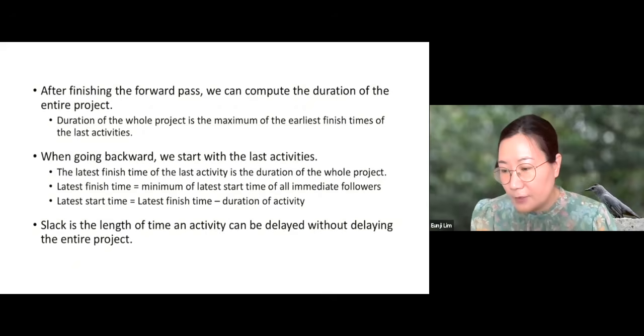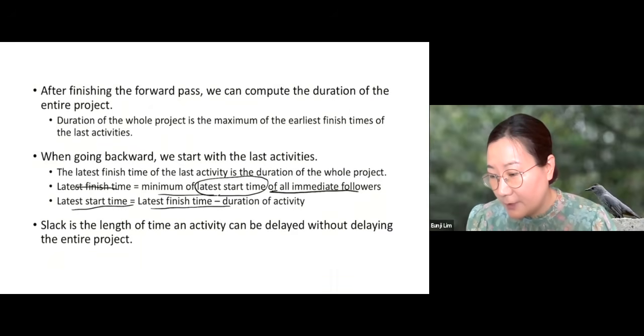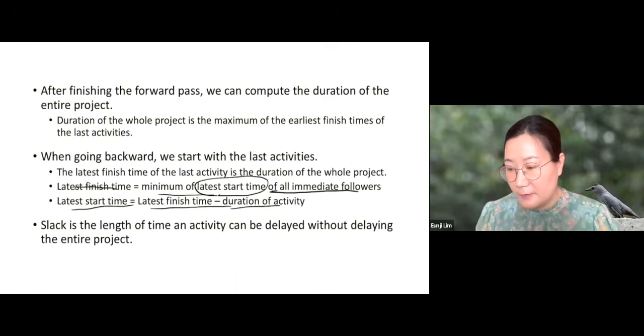And the latest finish time is the minimum of the latest start times of all immediate followers. And the latest start time is the latest finish time minus the duration of the activity.